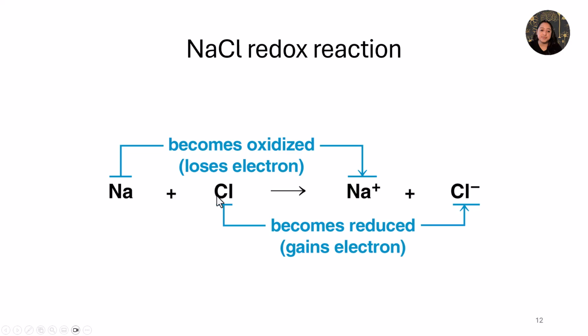Chloride, in this case, becomes reduced. It gained an electron, and so it goes from neutral to more negative, so its charge got reduced. Yeah, I wish they had a figure that showed the electrons. I think that would help, but maybe it would help to draw. If this still has some difficulty clicking for you, maybe try drawing these atoms. So whatever loses the electron is oxidized. Whatever gains the electron is reduced because now it's more negative.